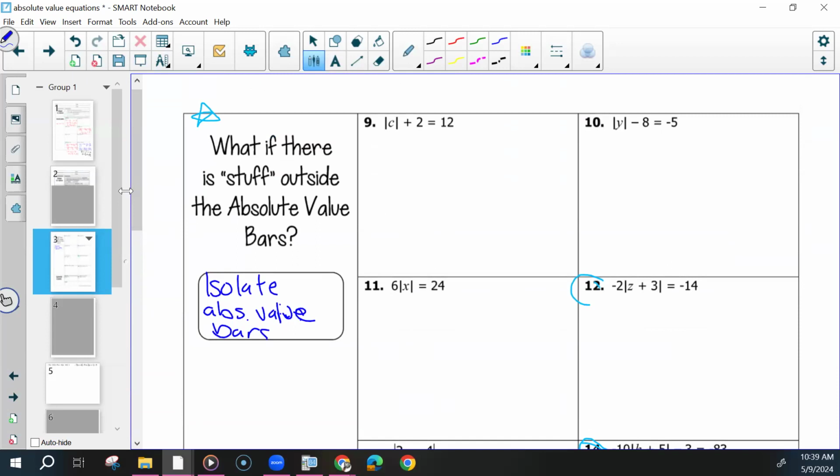For number 9, if we were to isolate the things outside, treat it like you're solving an equation. How would we get rid of 2? Subtract. Then, if there was something on the inside, you would set it equal to a negative and positive and then solve, but in this case, it's just going to be 10, negative 10.